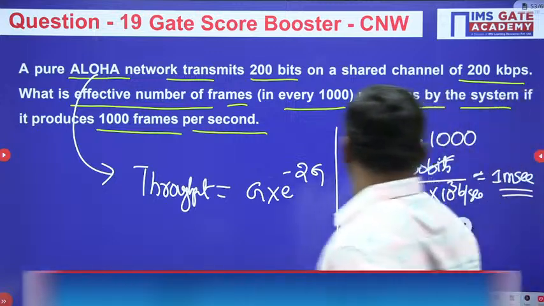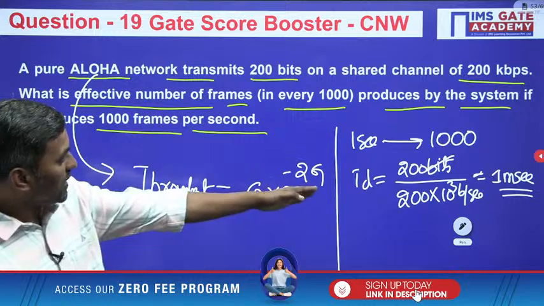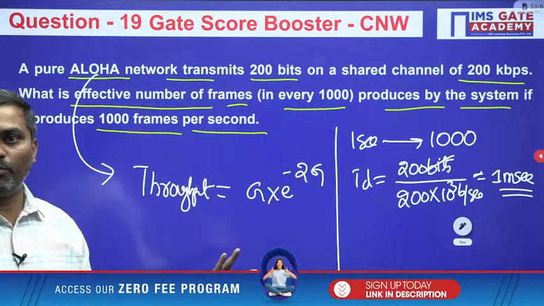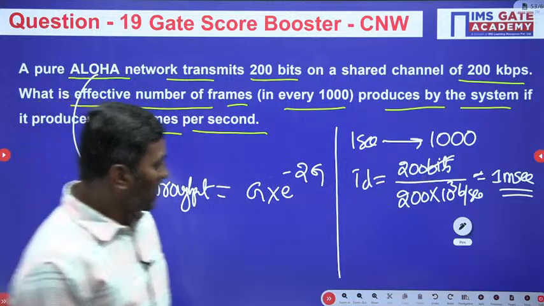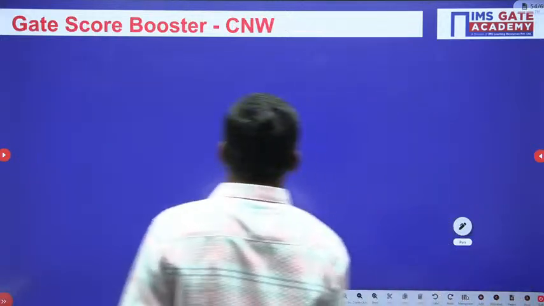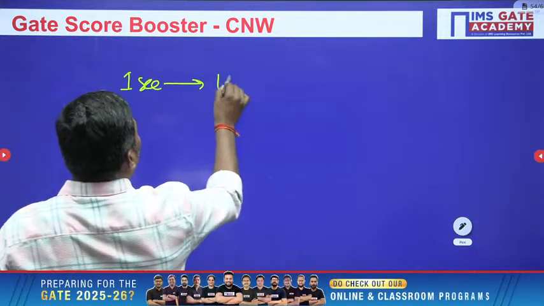So one frame delay is 1 millisecond, very good. In 1 second you are able to send 1000 frames.